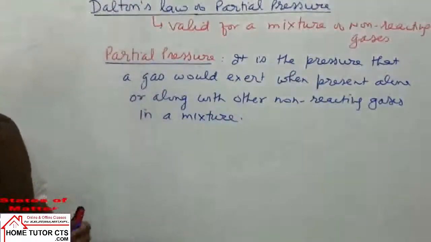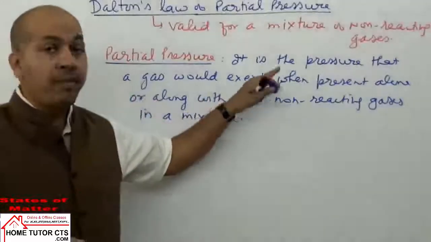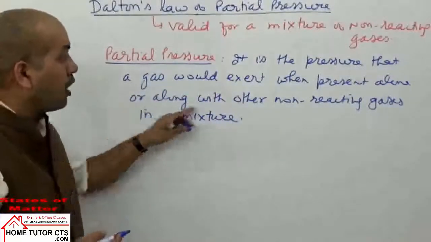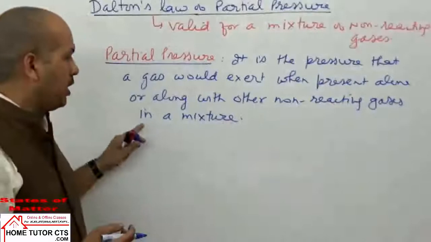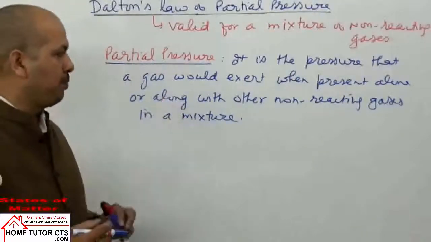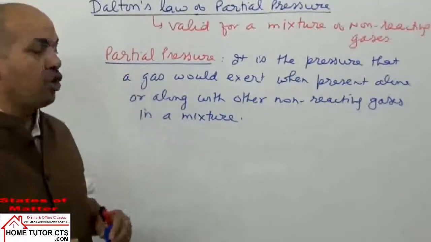It is the pressure that a gas would exert when present alone or along with other non-reacting gases in a gas mixture. This is called the partial pressure of the gas.